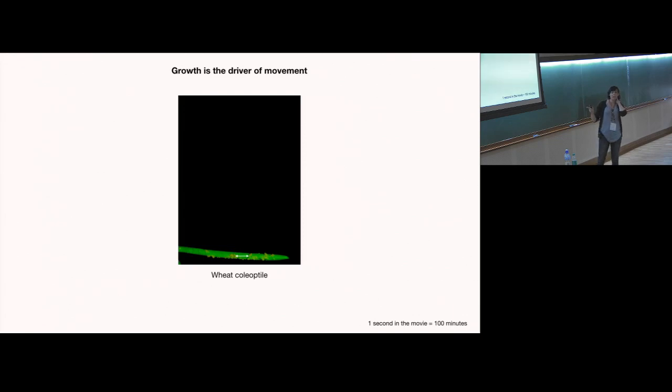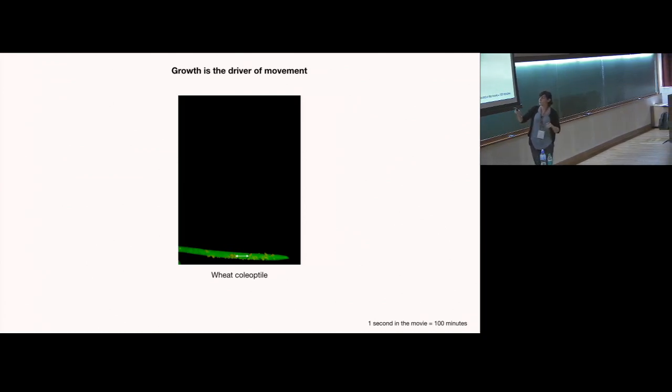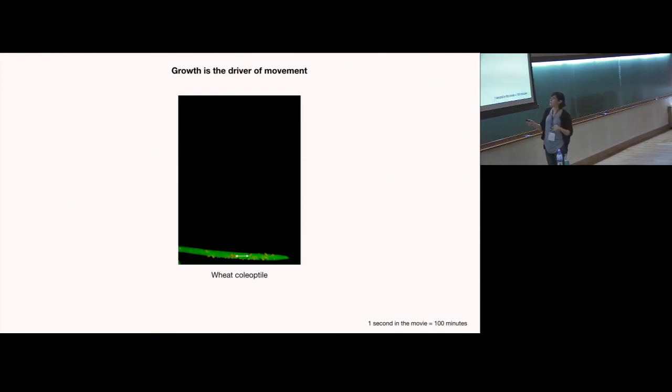So I'll show you again the movie that I showed last time of the wheat coleoptile. And if you can see, there are these dots on it. These are just markers so that we will be able, with image analysis, to follow growth. What I marked here, this arrow, is between this dot and this dot.